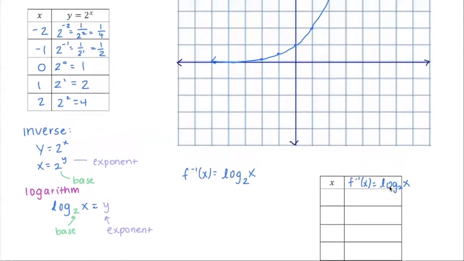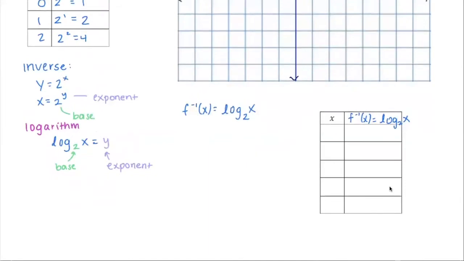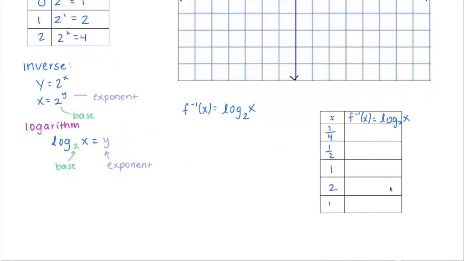So if you remember, when we're graphing an inverse function, we can take the original function and then we just switch our x and y coordinates. So if we replace our x values here, I'll use my y values from our table above. That's going to be 1, 2, and 4.